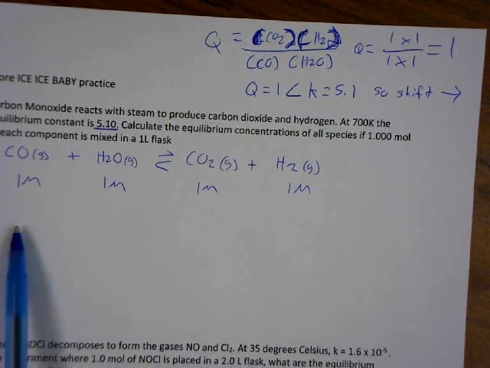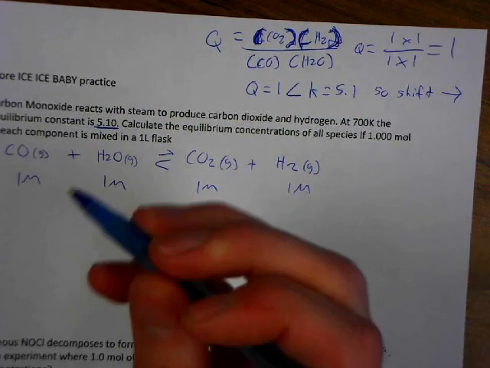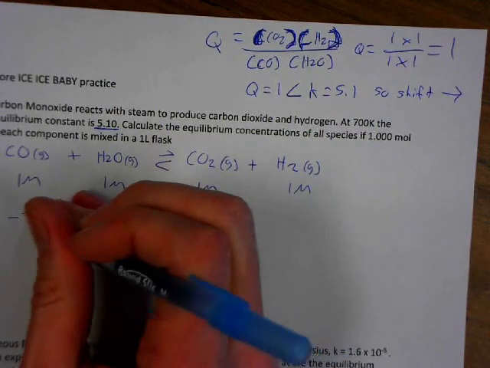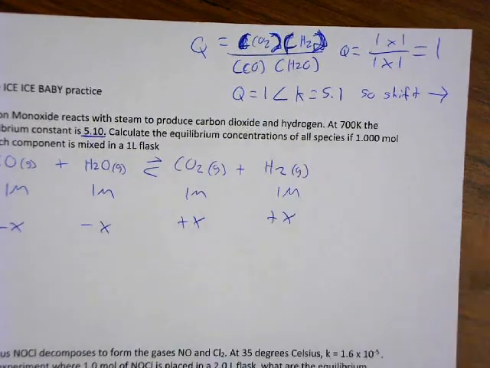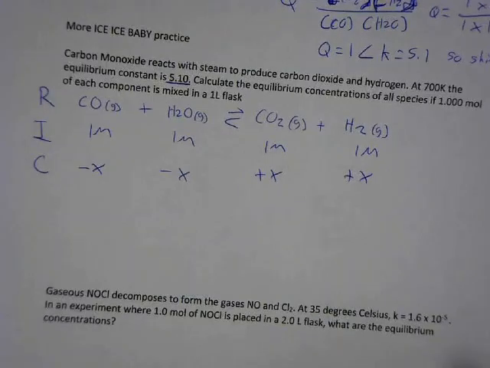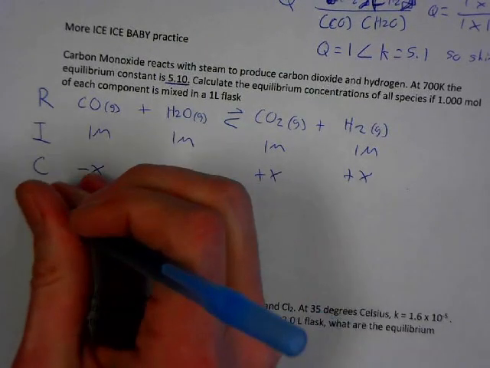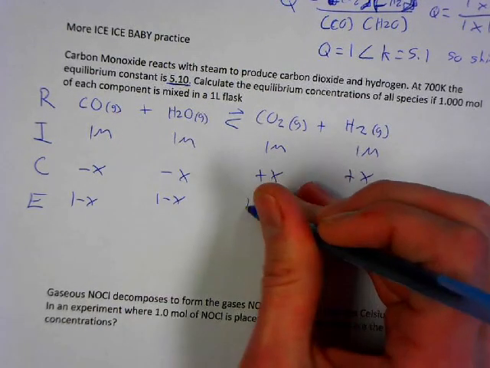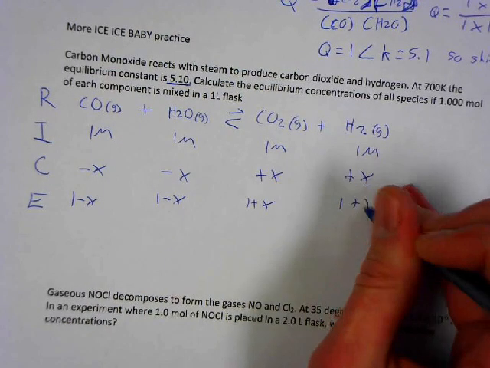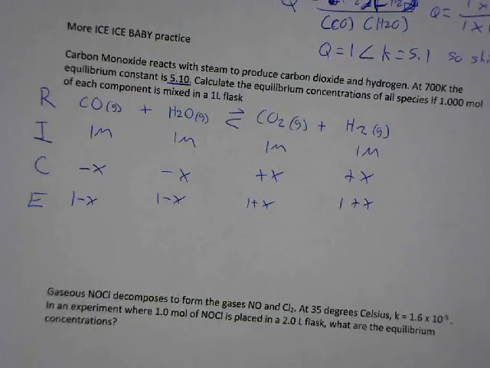So, if it's shifting to the right, what am I doing on this side, minus or plus X? Minus. I'm using up reactants to make products, because it's shifting to the right. So there's my minus X. So my E: 1 minus X, 1 minus X, 1 plus X, 1 plus X.